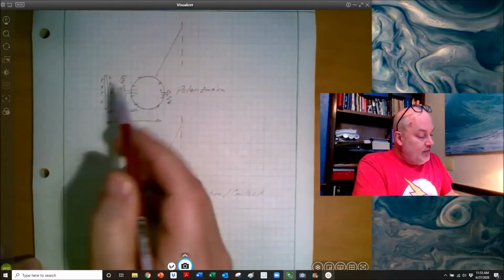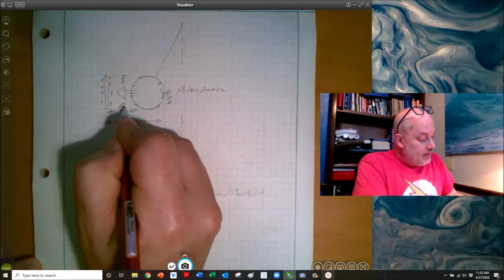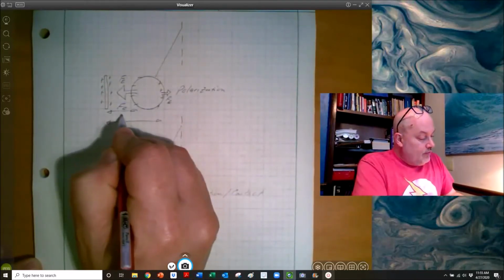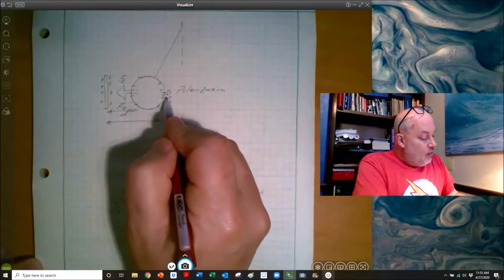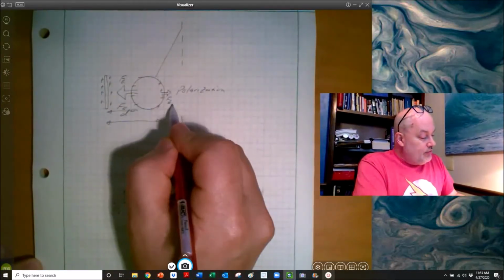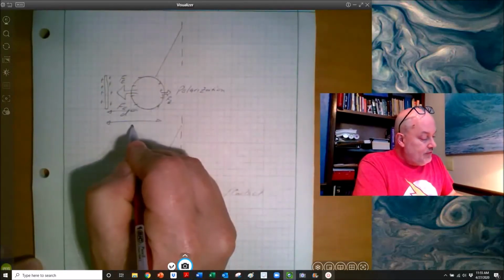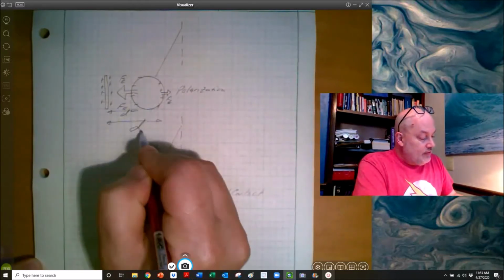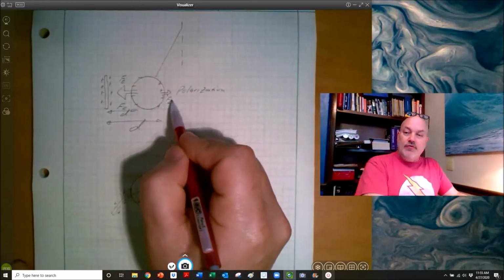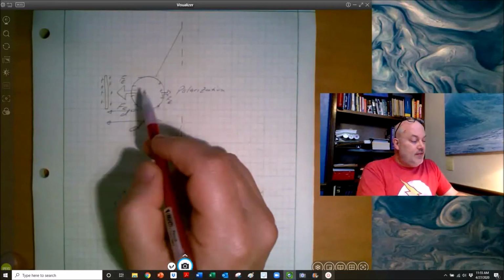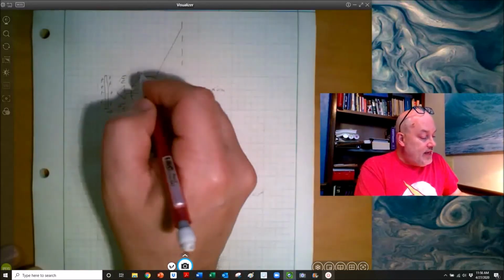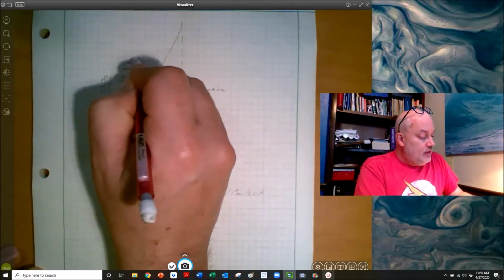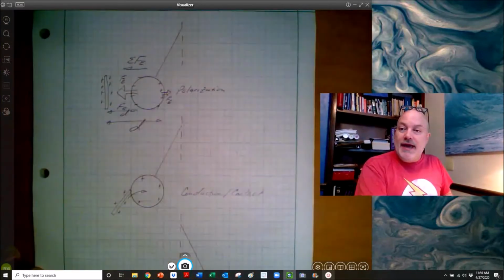Now, the negative and the positive attract, so you get an electric force here for this distance d. And over here on the right, you get a repulsion force, but this is quite a bit bigger distance. And so the electric force of repulsion is less than the electric force of attraction. So we end up with a net electric force to the left of attraction.